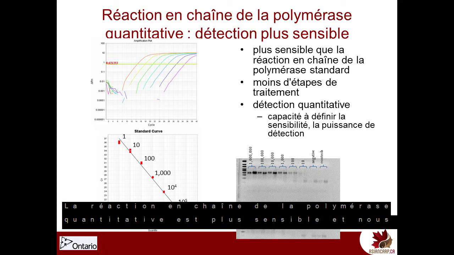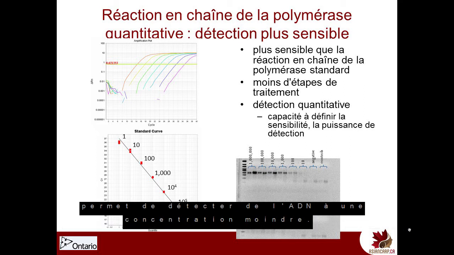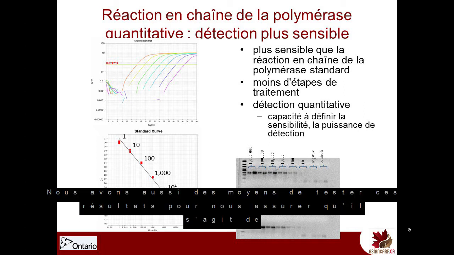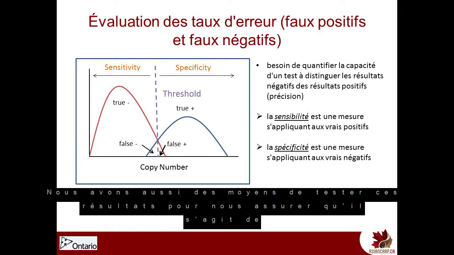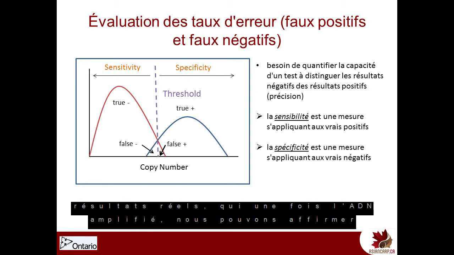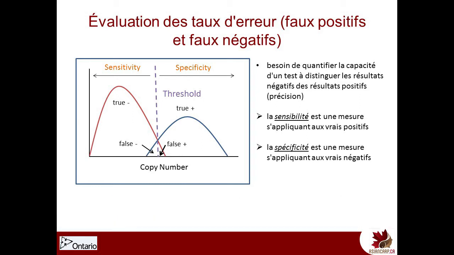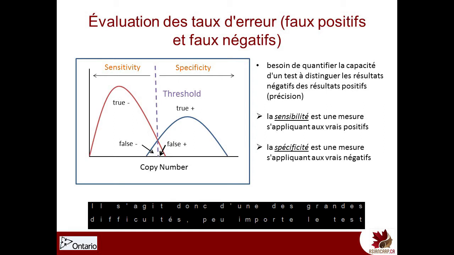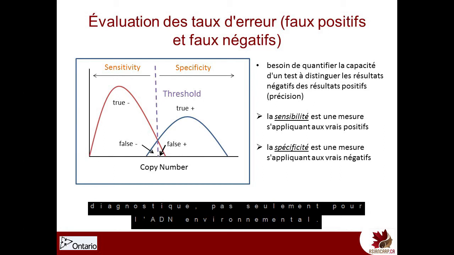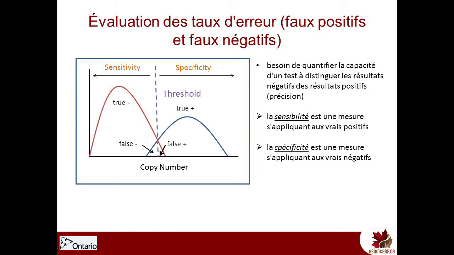So the quantitative PCR allows us to be more sensitive and find DNA at lower concentrations. This really cuts down on false negative results, and we also have ways of testing to make sure it is a real result, that when we've amplified DNA, it is the target we're looking for. This is one of the big challenges, and it's a challenge in any diagnostic test, not just environmental DNA.